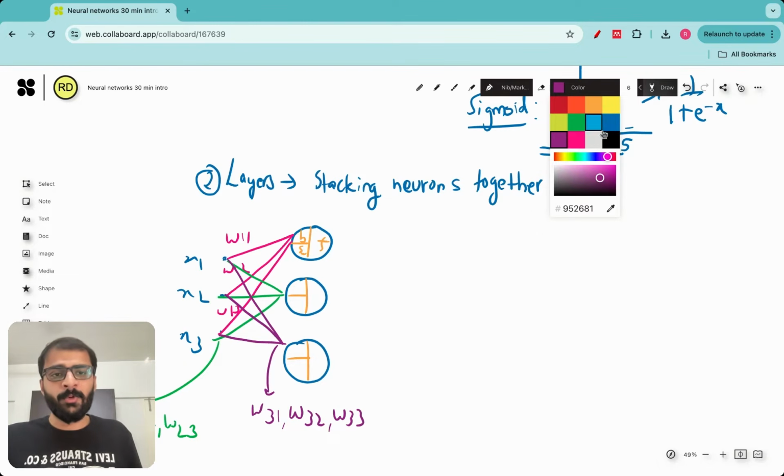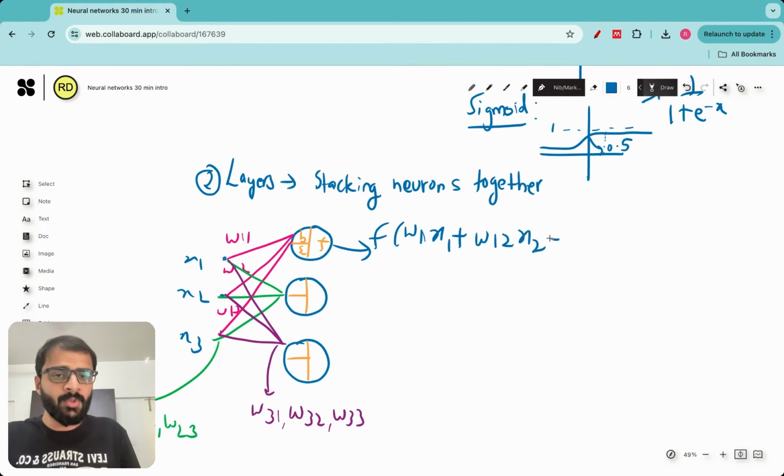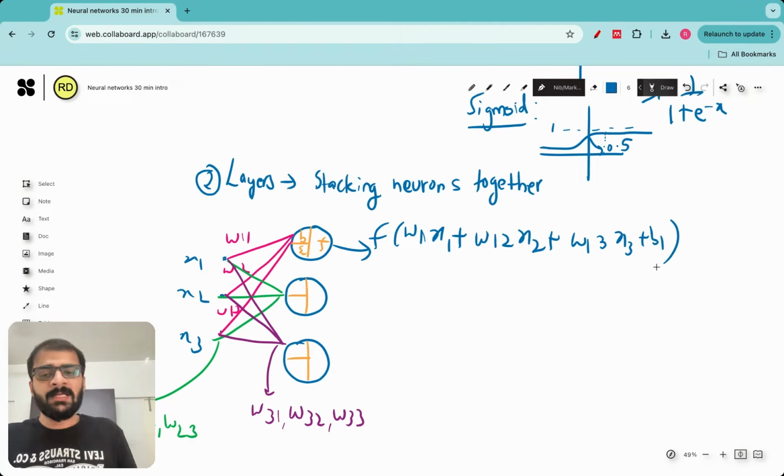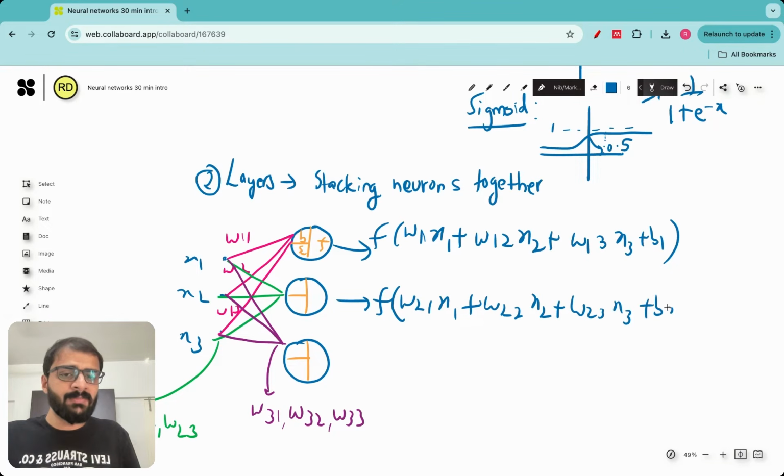And let us see the outputs. The first neuron will of course output f of w11 x1 plus w12 x2 plus w13 x3 plus b1. Similarly, the second neuron will output f of w21 x1 plus w22 x2 plus w23 x3 plus b2.